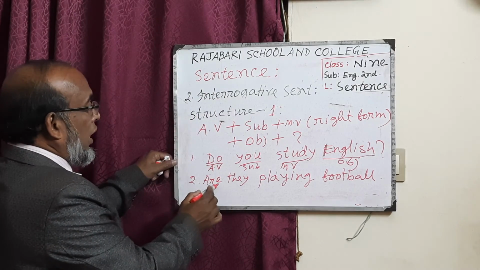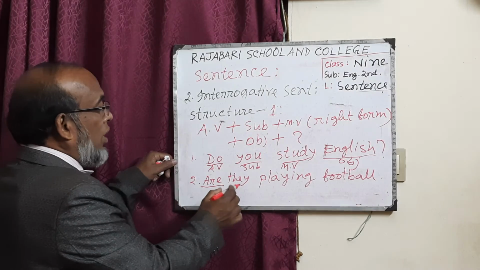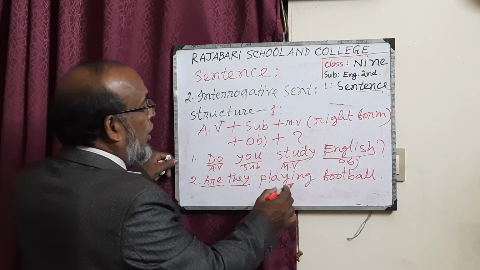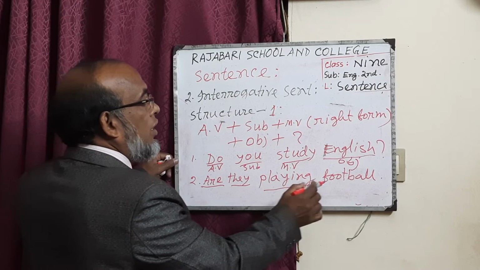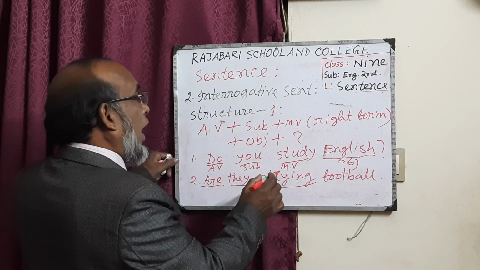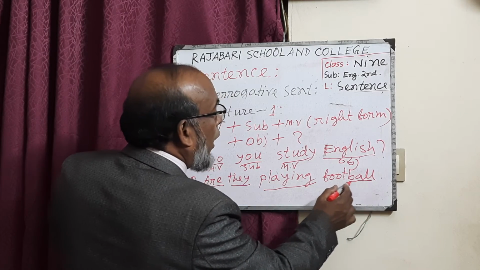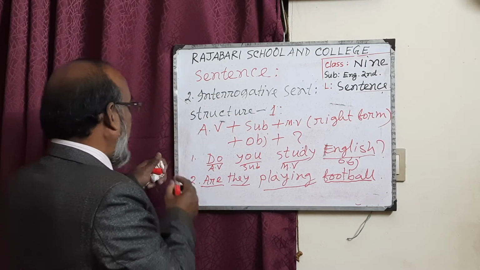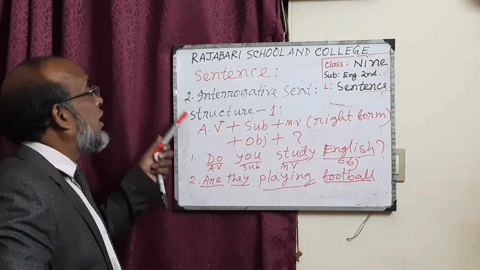Here are is auxiliary verb, they subject, playing verb 1 plus ing, that means right form of verb as present continuous tense, and football is object here. This is how you can make many sentences by using this structure.